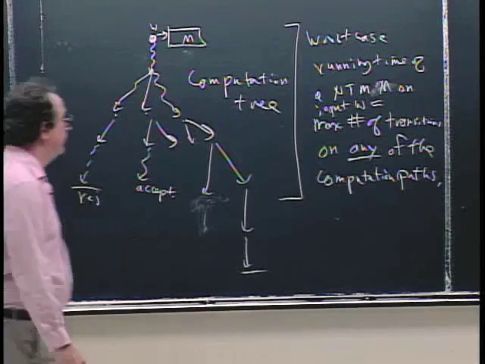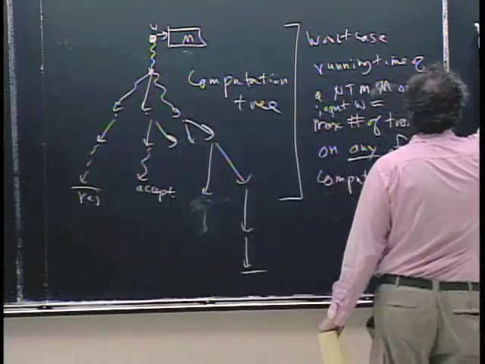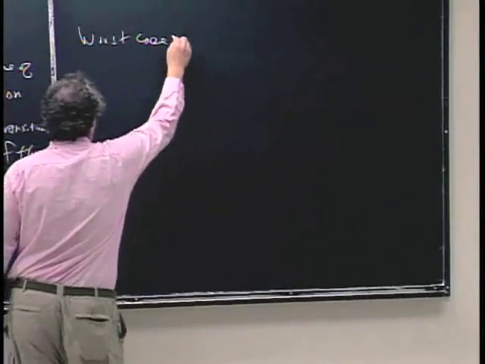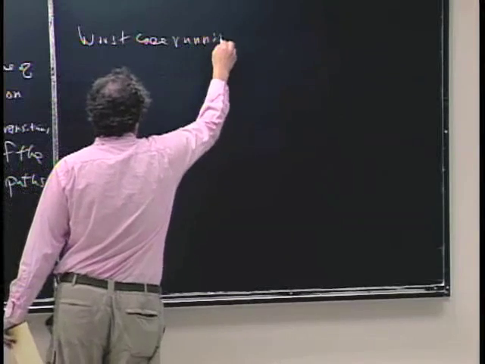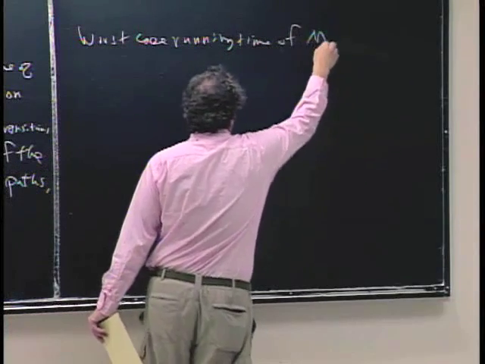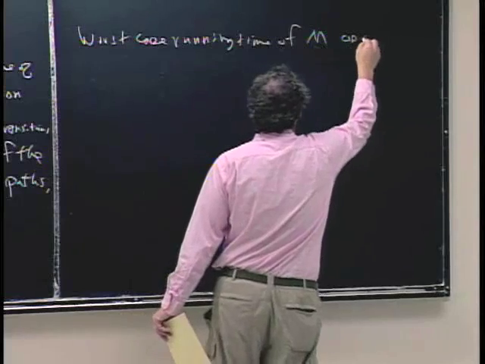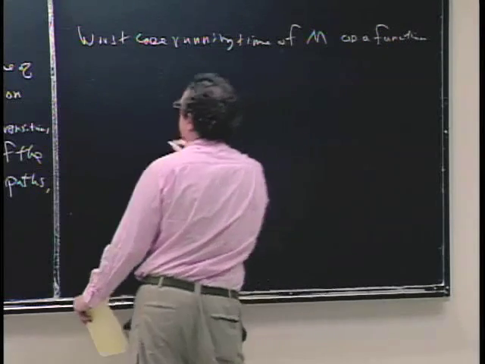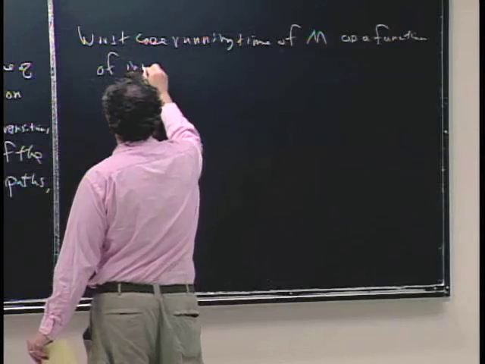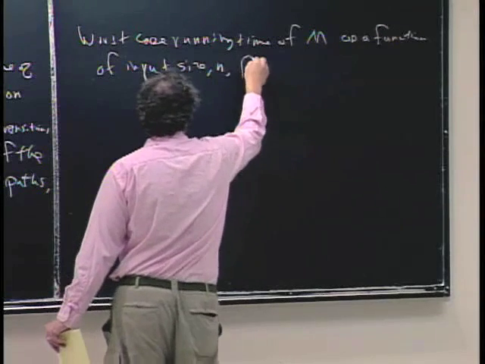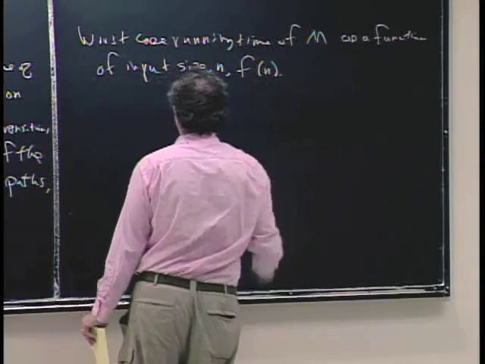So we can talk about the worst case running time of M as a function of input size n, and that function is f of n.